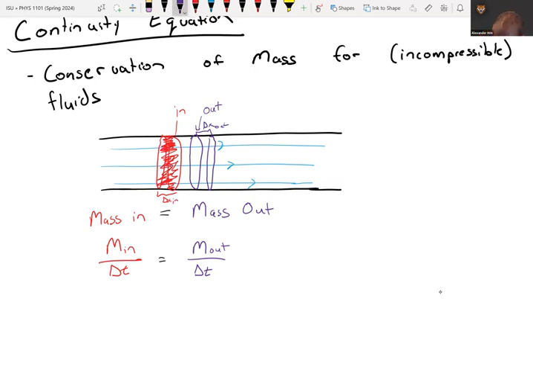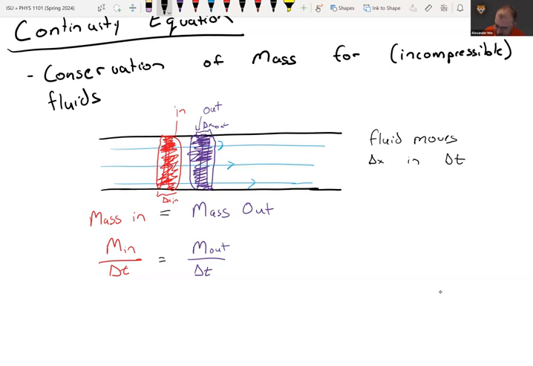Okay. And the idea is that the way I've drawn this, these will actually be the same. But basically, the idea is that fluid moves delta X in delta T. That's the idea. Now, why am I doing that?